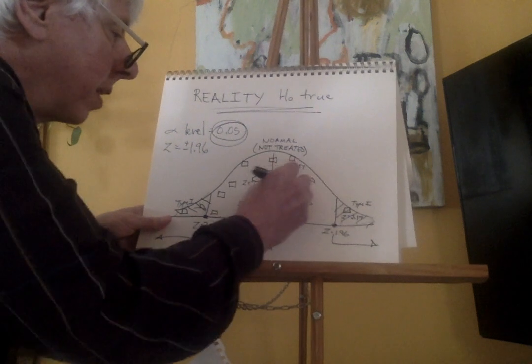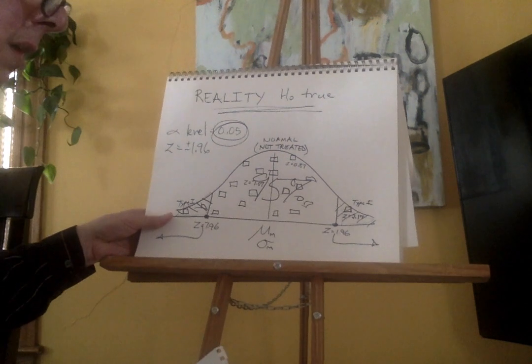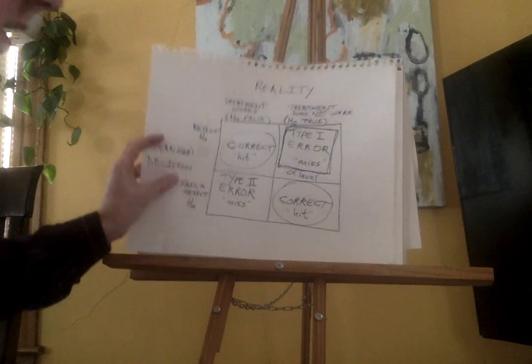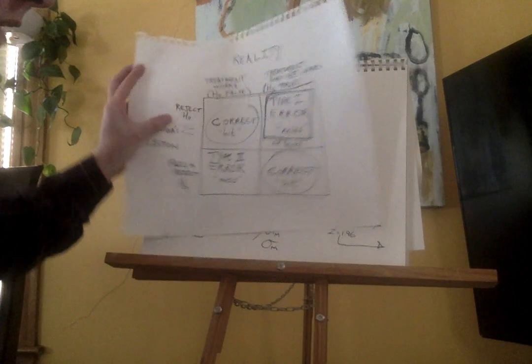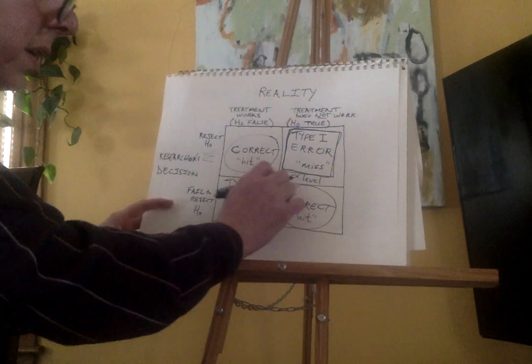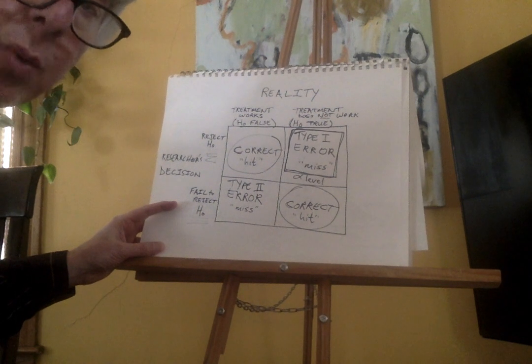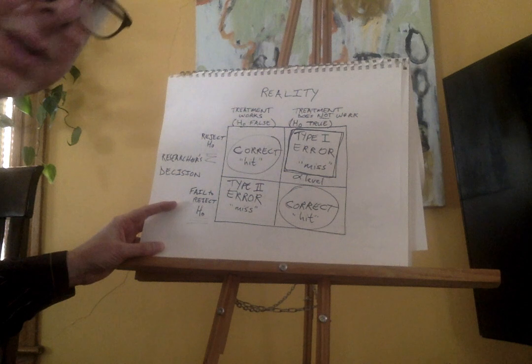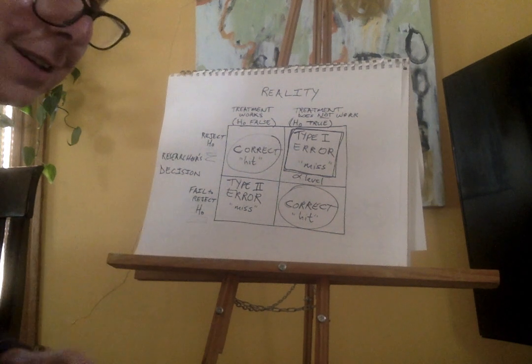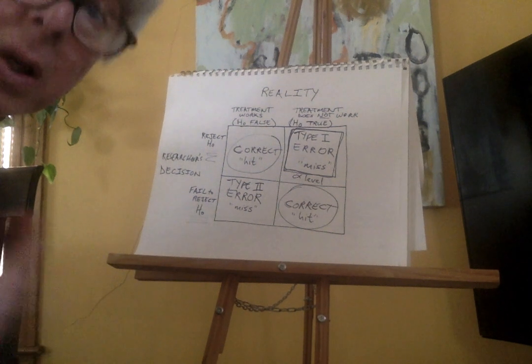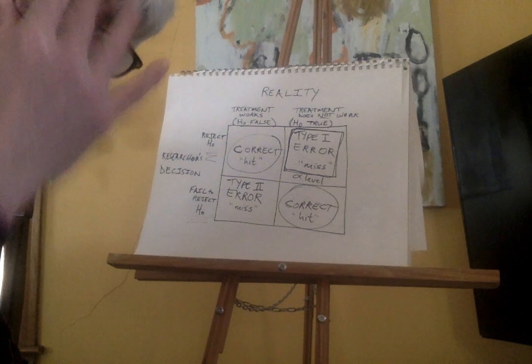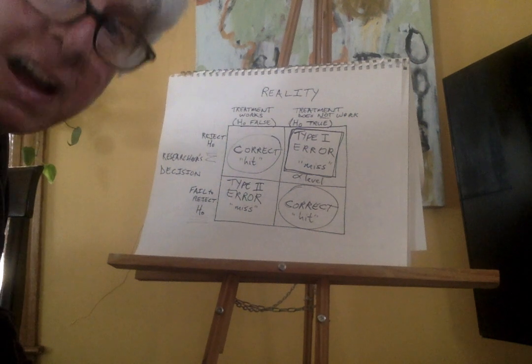95% of the time, I'm going to be good to go. But in this case, if we set our alpha level at 5%, 5% of the time, we can make a type 1 error. But listen, folks, that's not a large percentage. I wish I could make all of my decisions so that I would make a mistake only 5% of the time.